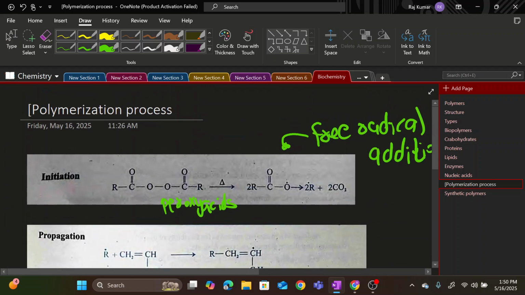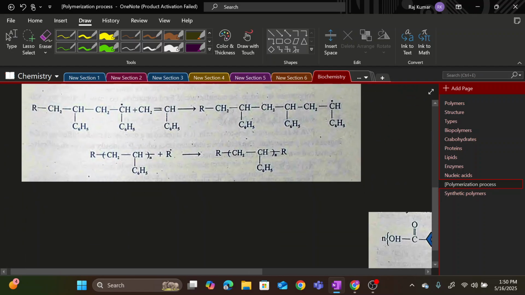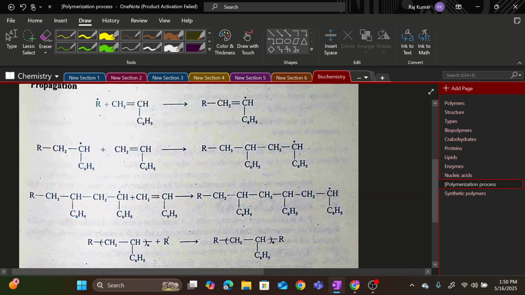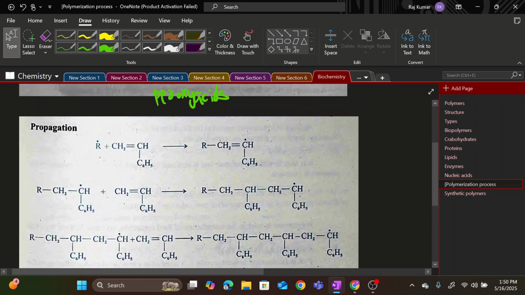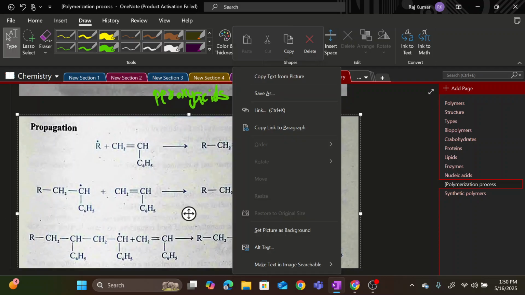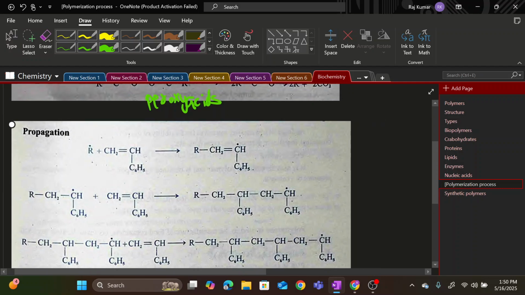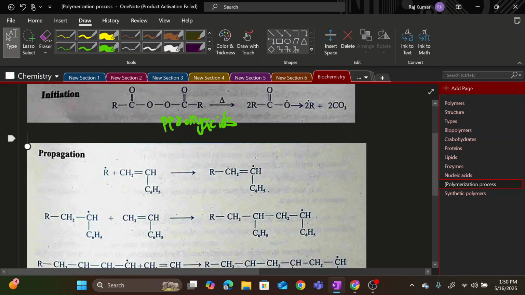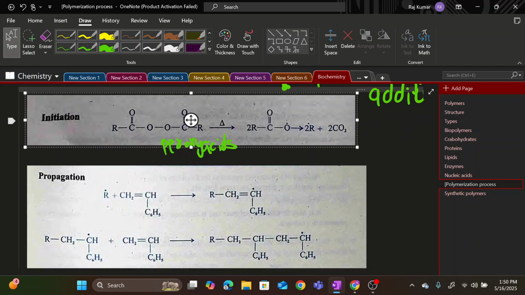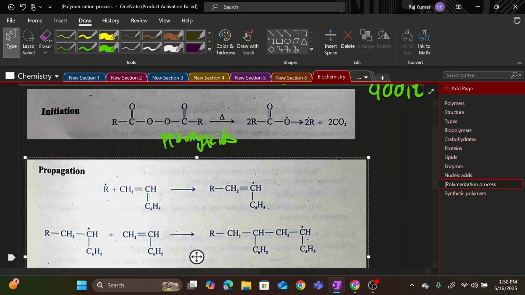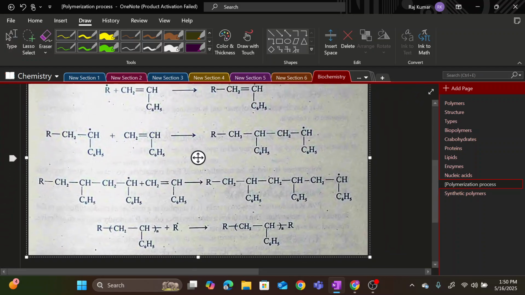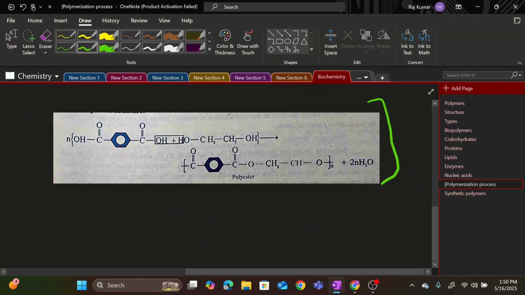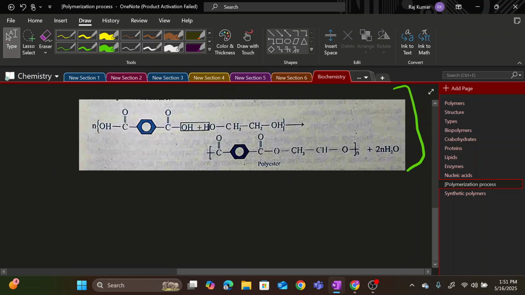This is the free radical mechanism for vinyl benzene.